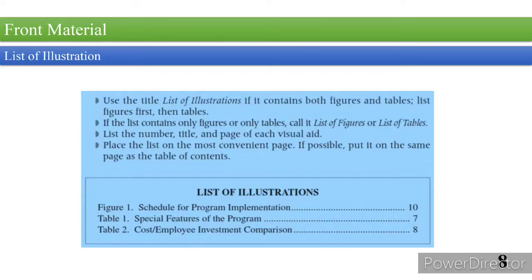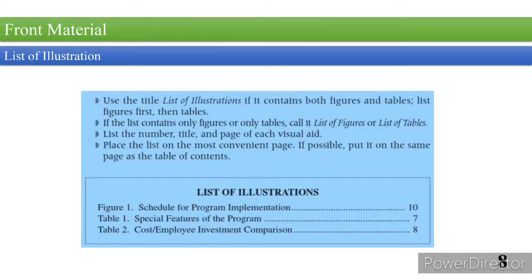Use the title list of illustrations if it contains both figures and tables. Generally you can use a list of figures in a separate section, and a list of tables in a separate section, or the format provided by the company or to whom you are writing a report for.